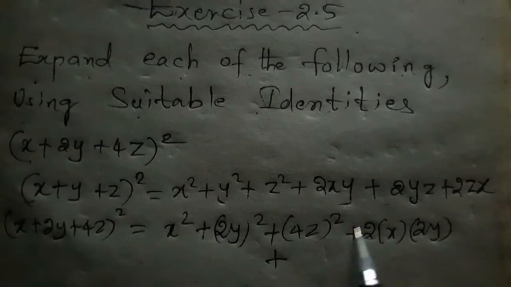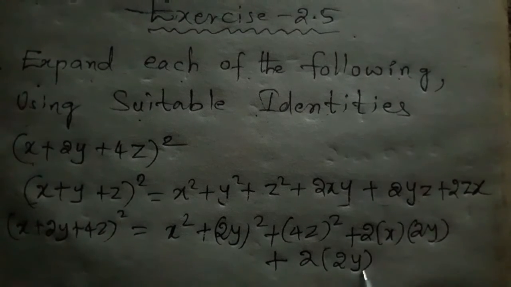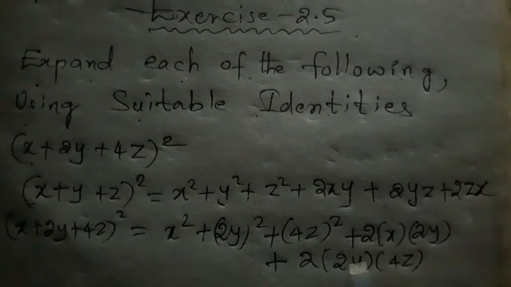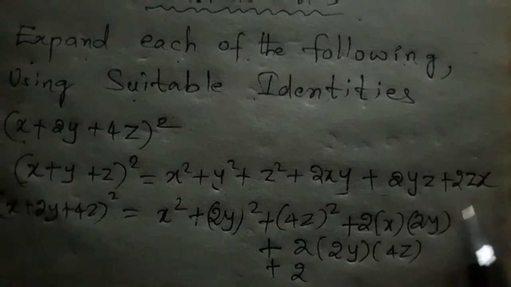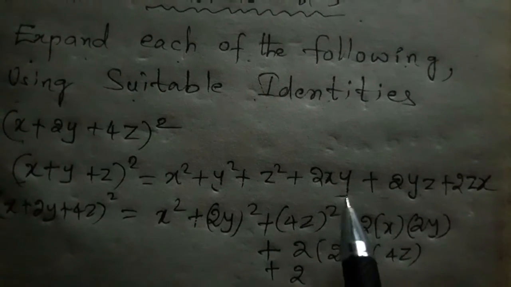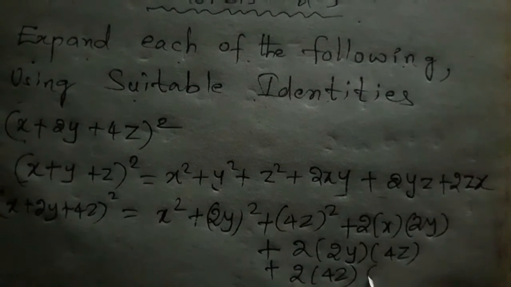Next, plus 2yz, where yz means 2y into 4z. Next, plus 2zx, where z value here is 4z and x is x only.